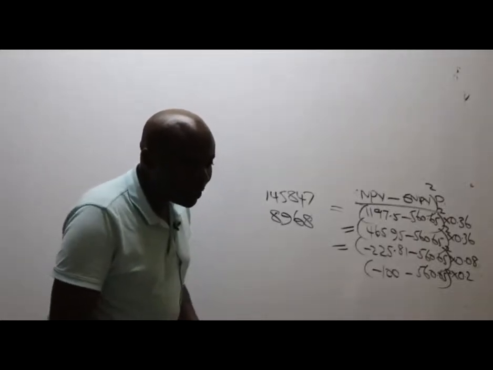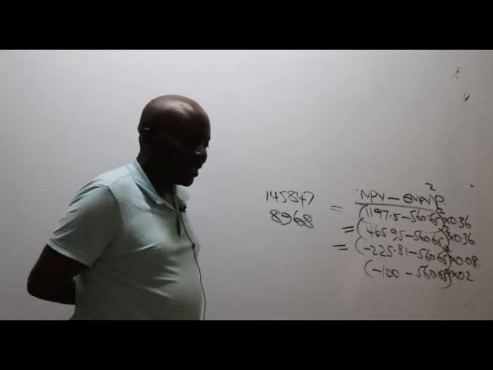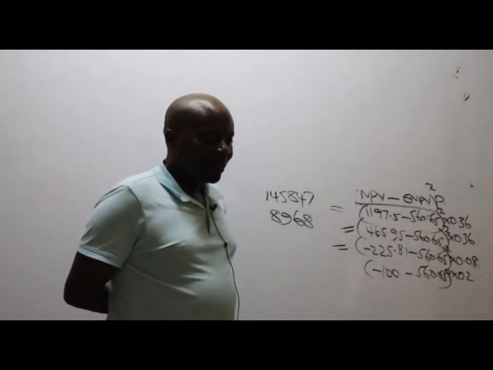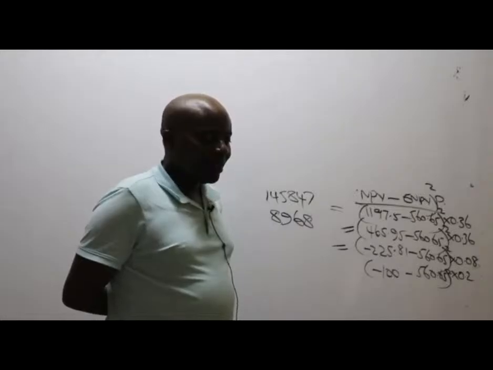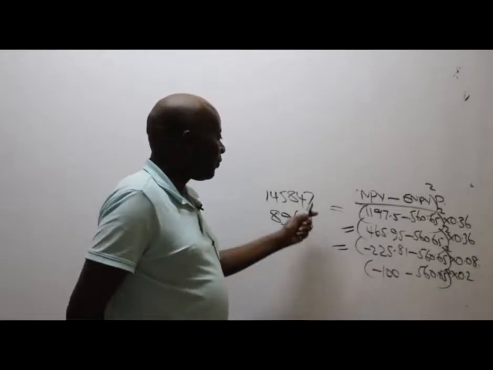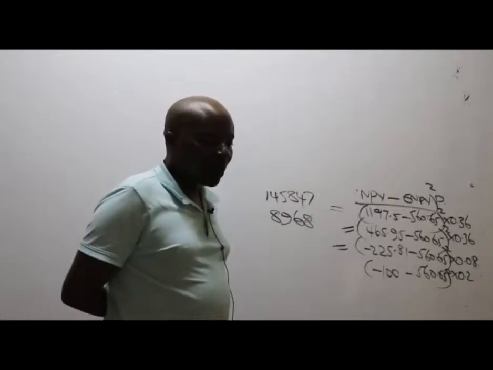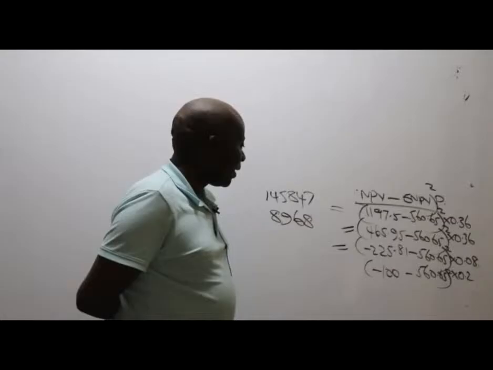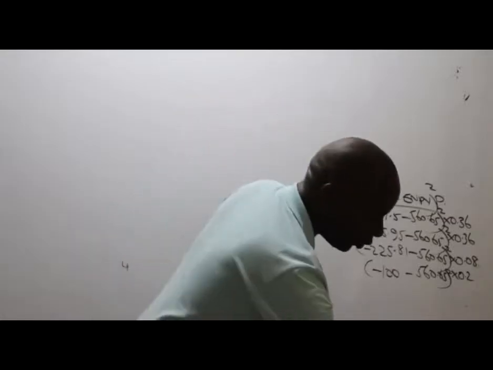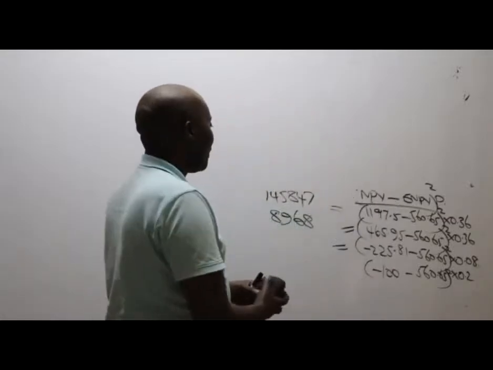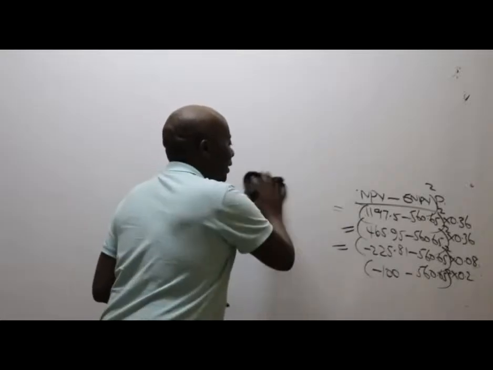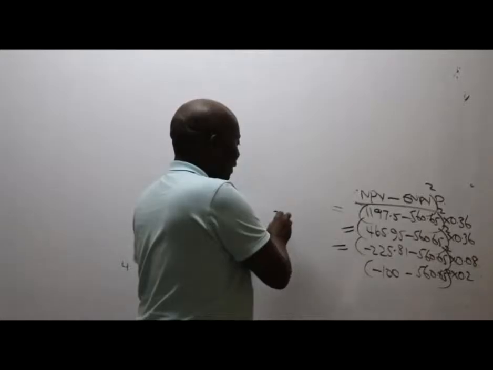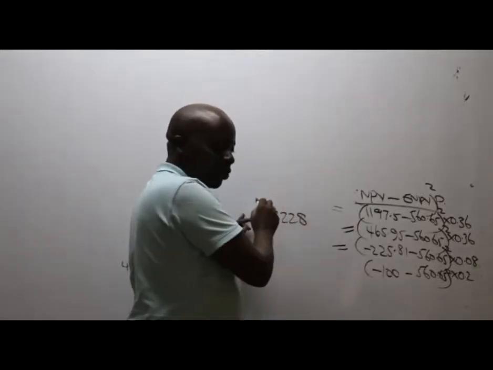Silvanus says that the first one is supposed to be 146,008. So it means that today, for the first time, Sue has cheated me. No worries. The second one is 3228. How about the first one?